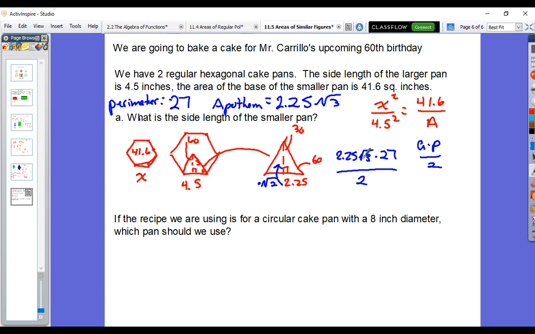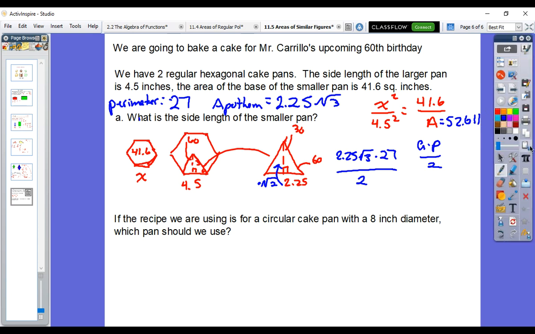Syntax error. One more time. 2.25 radical 3 times 27 is 105 and some decimal, divided by 2, we get 52.611. So we're going to keep a couple numbers for now. So this equals 52.611.